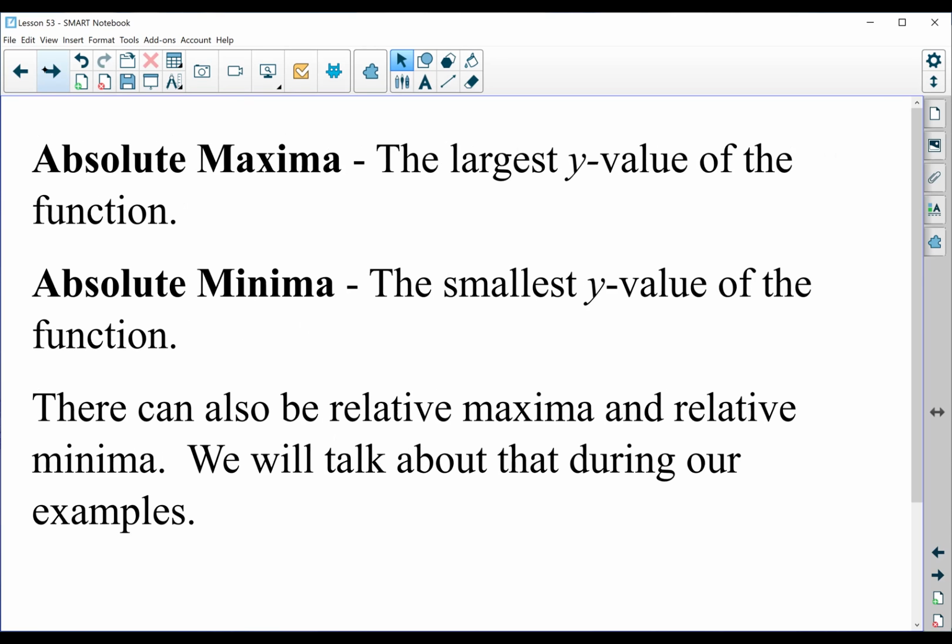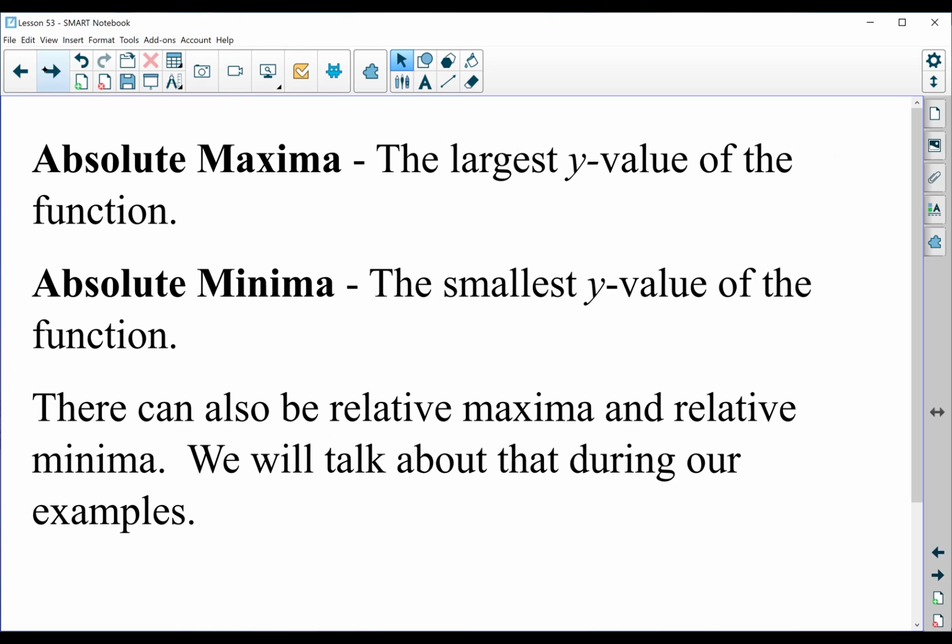Another thing that we'll look at is absolute maxima and absolute minima. It's just the largest value for the maxima, the largest y value in the whole function. And the absolute minima is the smallest y value in the whole function.